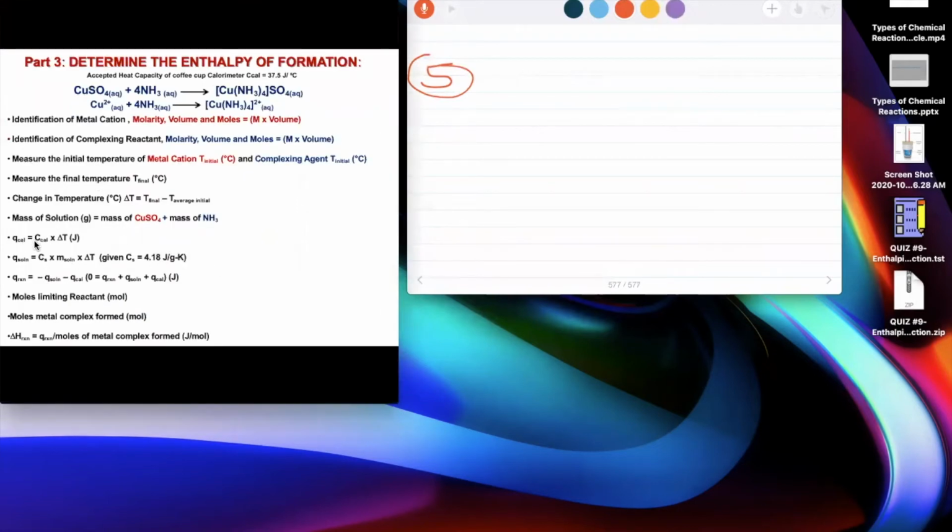Q for the calorimeter, line 5, is given by the heat capacity for the calorimeter times line what? Line 4. Because we know line 4 is change in temperature.